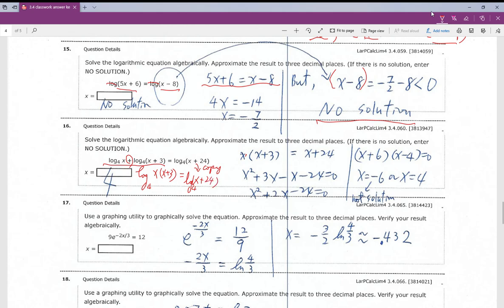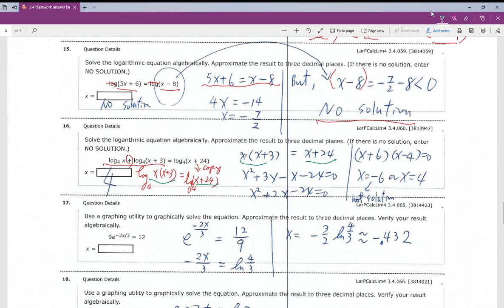So that's why, if I have one single log for both sides, then left hand side input equals right hand side input. And then simplify, you can solve for it.